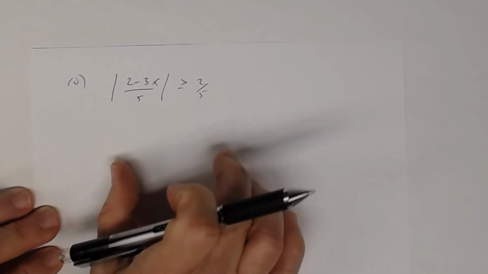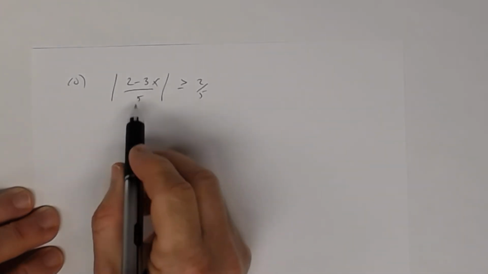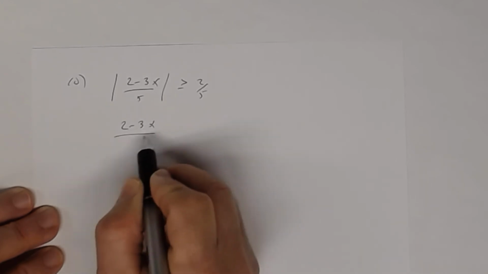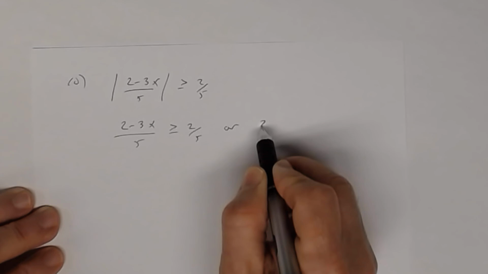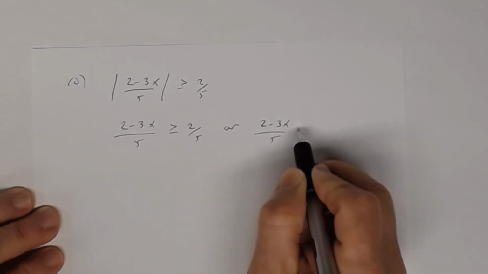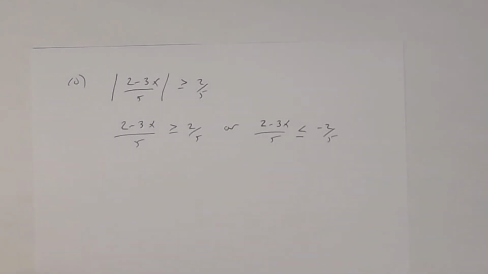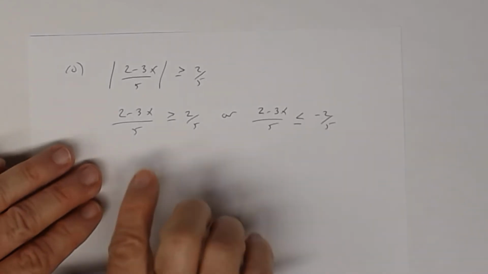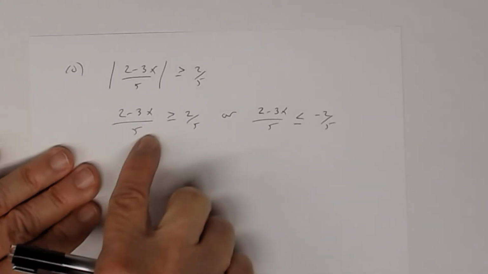So that means I can rewrite this into an OR statement. So 2 minus 3x divided by 5 is greater than or equal to 2/5, or 2 minus 3x divided by 5 is less than or equal to a negative 2/5. All right, so the LCD is 5 here and 5 here.